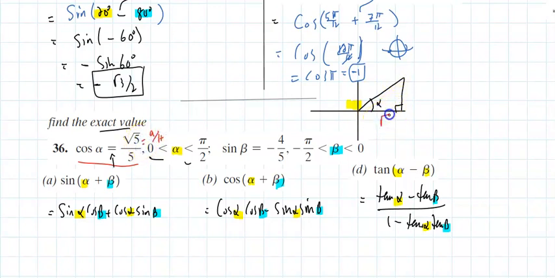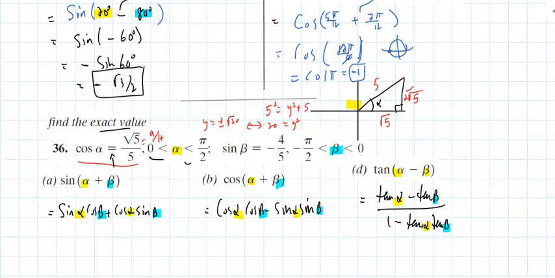If the opposite is radical 5 and the hypotenuse is 5, how do you find the missing side? We'll say the hypotenuse squared equals y squared plus 5. So y squared equals 20. And y would equal plus or minus the square root of 20. In this quadrant, isn't y positive? And that will be 2 radical 5.